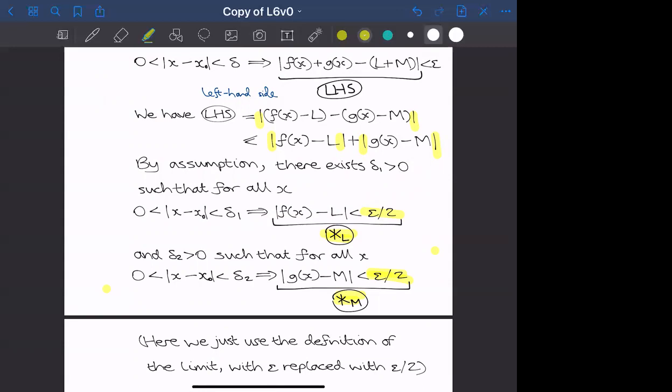Because if the limit exists, then we have a delta for any epsilon, as long as it's positive. So if we have a delta for epsilon, we have a different delta for epsilon over 2. So we can say what we've said here, these two implications. And now that's enough to prove our theorem.